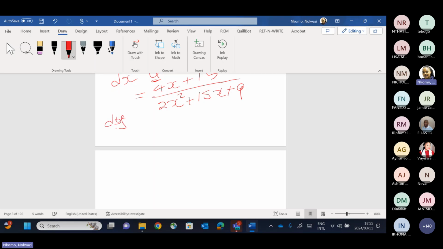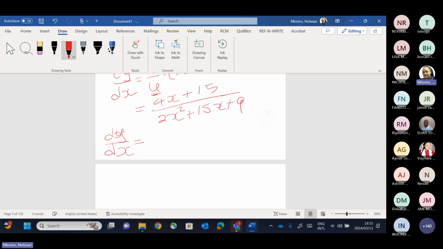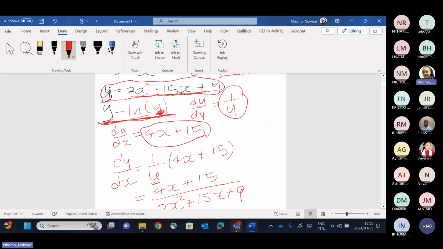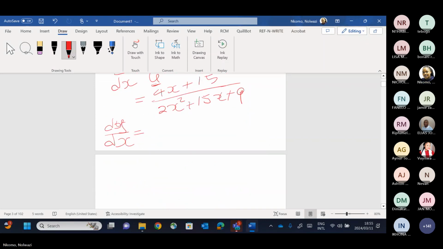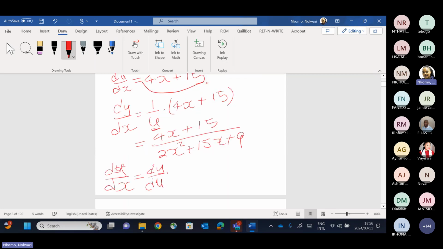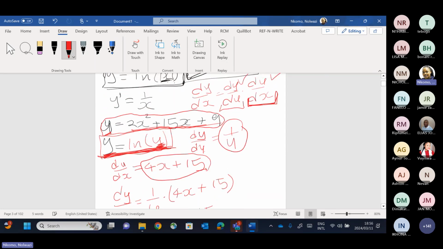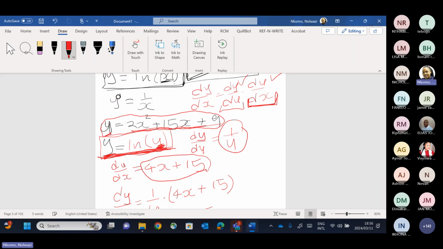Another way we can look at this: d over dx of y, your y function, is in terms of u, right? So from here we find dy over du. But u is a function of another function, it has x as its function.